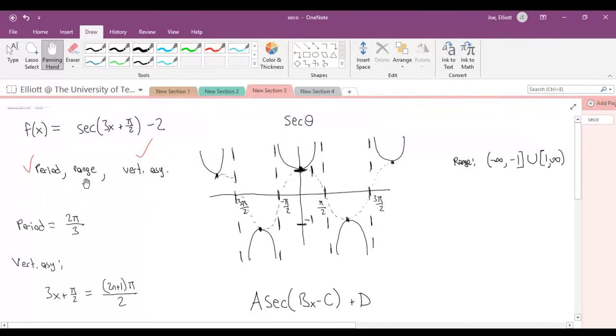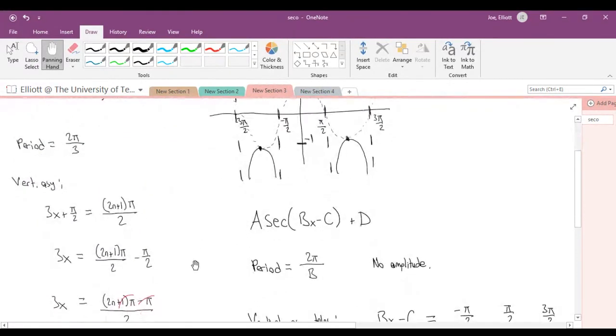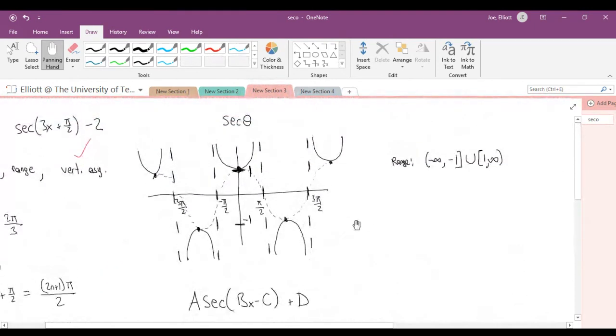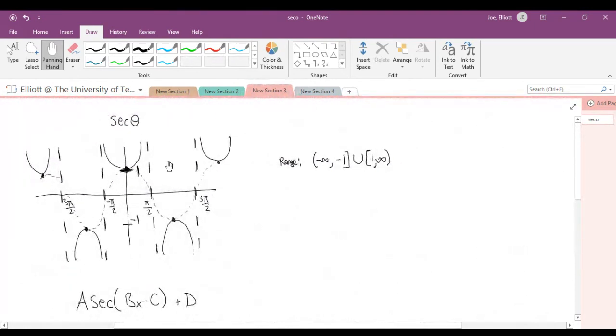Now for ordinary secant, I did it up here actually. So for a plain secant function, its range is everything from minus infinity to minus 1, as well as everything from 1 to infinity, okay?